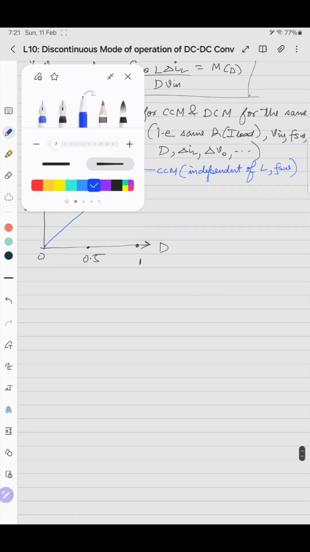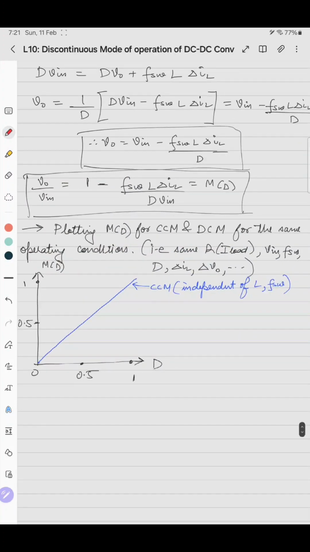Now if I draw this waveform for DCM, as the duty ratio is less, initially this value will be very high. For a low duty ratio, the gain V naught by Vin will be more for DCM rather than CCM, and it is not a linear thing, it is 1 by this, so it is non-linear.